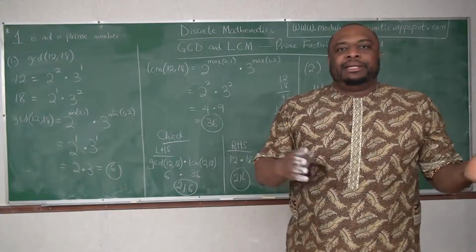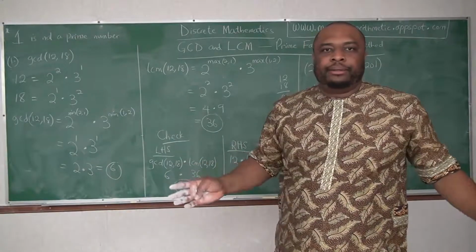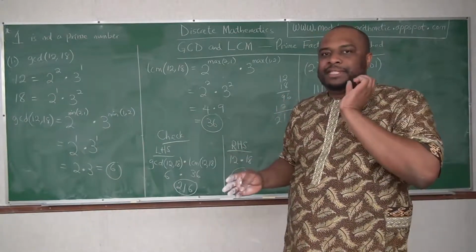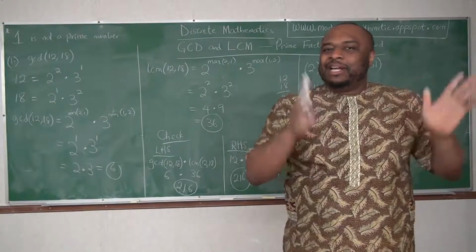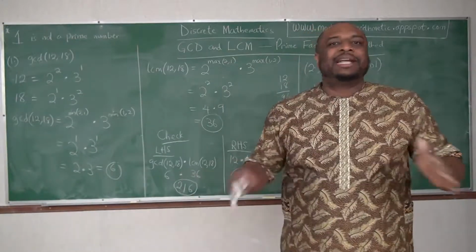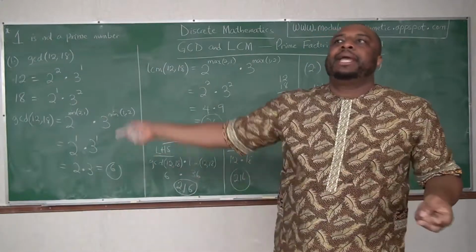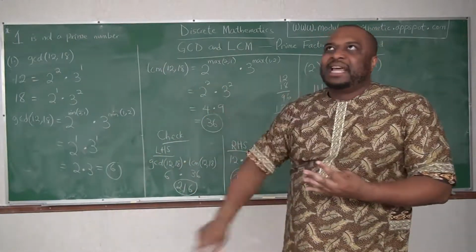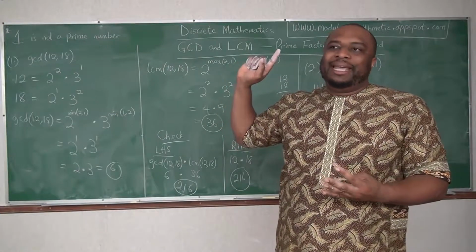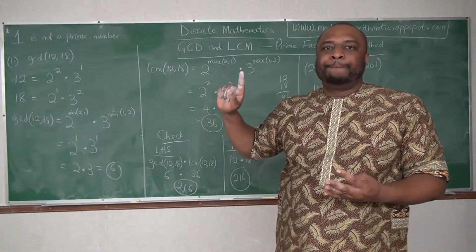It's any even number. Any even number is divisible by 2. Because we are concerned with prime factors, we are concerned with prime numbers here. So 2 is a prime number, 3, 5, 7, 11.